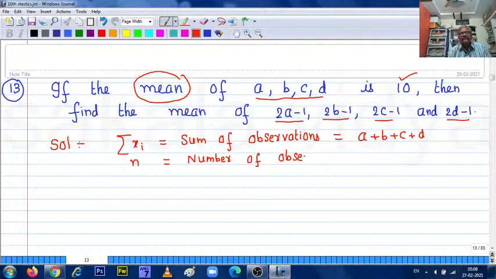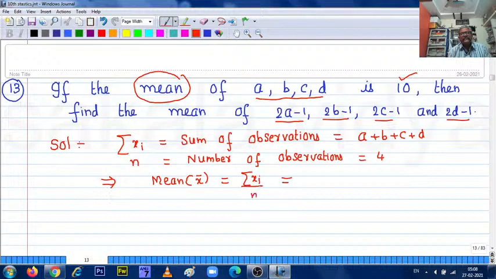Yes, number of observations is equal to 4. So mean equals x bar, that is sigma xi upon n.